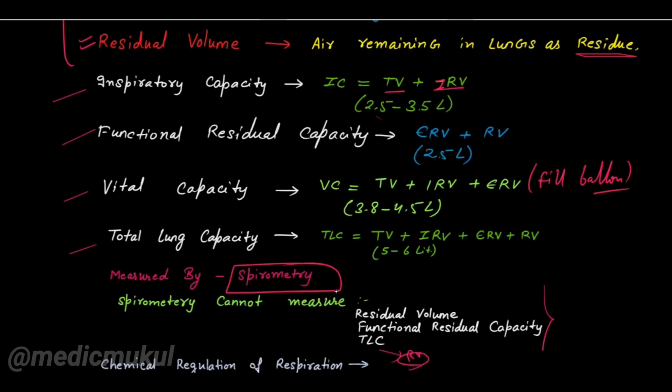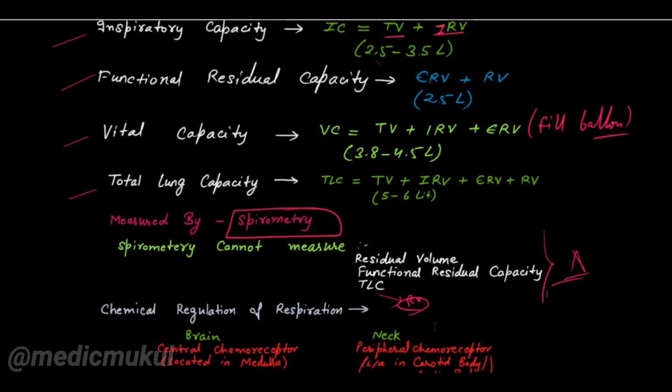It does not measure these volumes because they are residue, the air present in our lungs. Spirometry can only measure from the outside: the air coming out and the air going in. It cannot measure the air already present in our lungs as residue. So we cannot measure that.